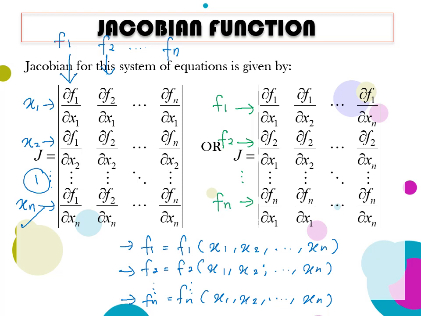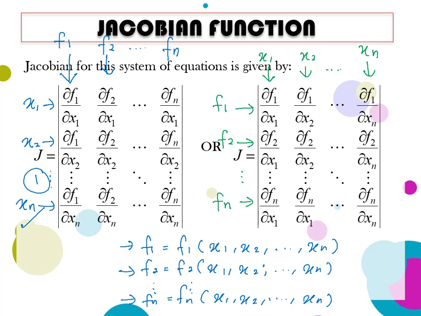So the rows will be for your functions, and then you partially differentiate with respect to your variables by column: x1 for column 1, x2 for column 2, until xn for the last column.